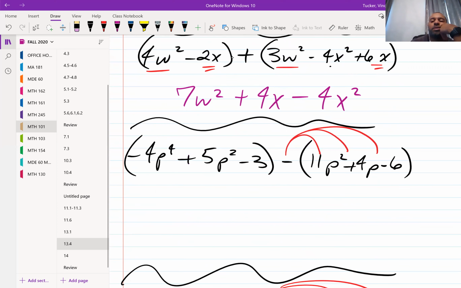All right, so when it comes to subtraction, you're going to do the same thing, except you have to account for this minus sign right here. That minus sign has to be distributed to each term in the parentheses that follows.